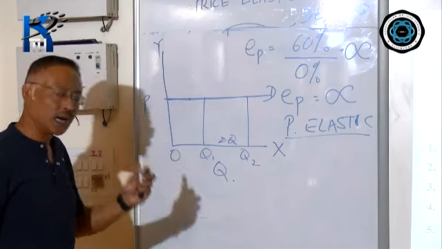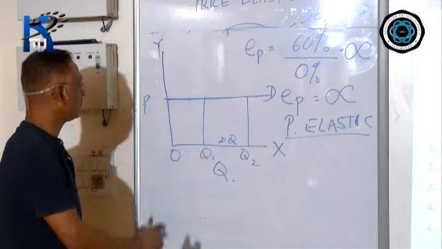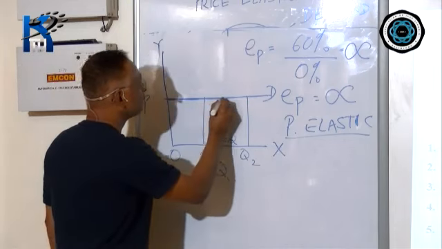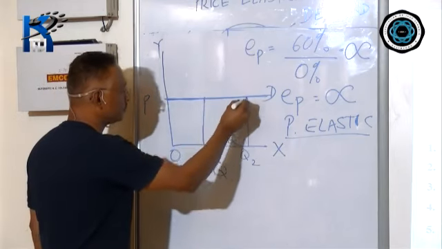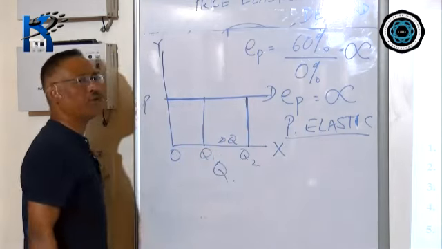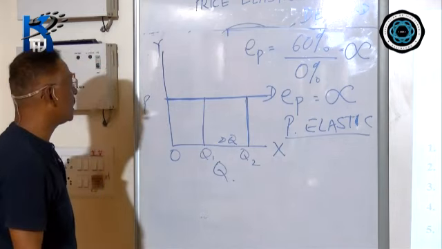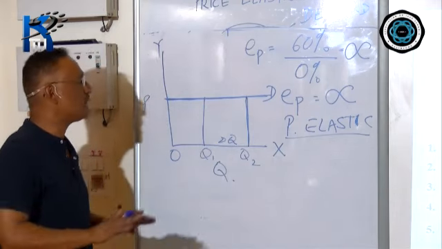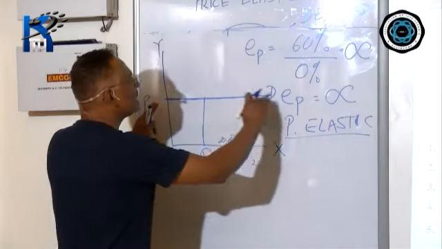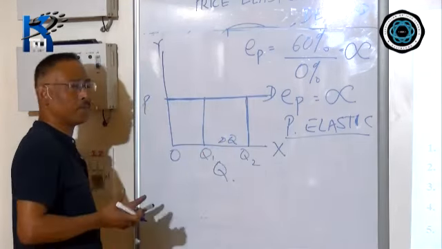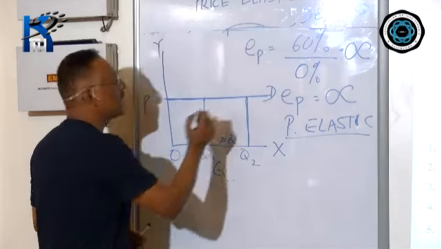In that, you will understand that at this price, buyers will demand any amount, because in a perfectly competitive market, everyone knows the price, and the price is the same for all homogeneous goods. So when the price is the same anywhere you buy, quantity demanded can be any amount.